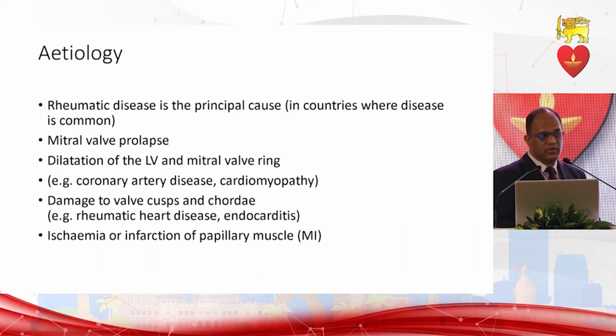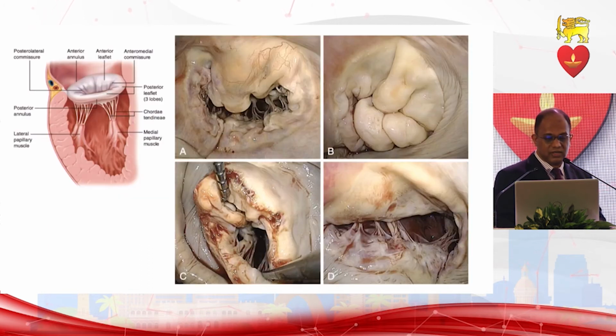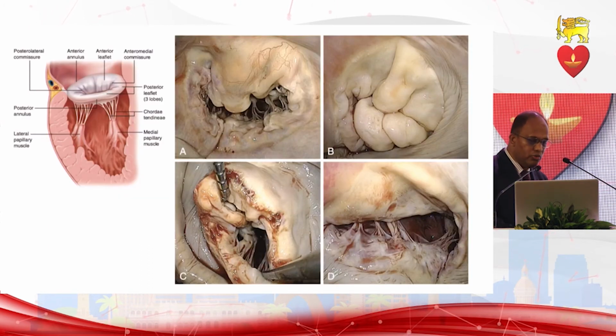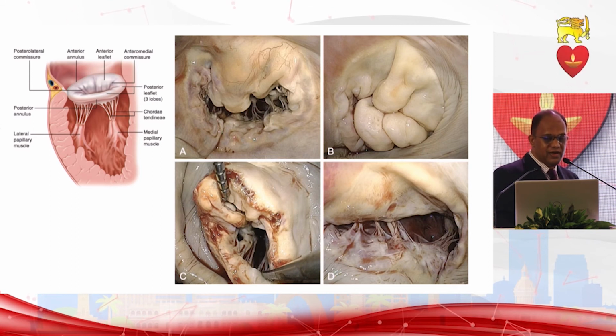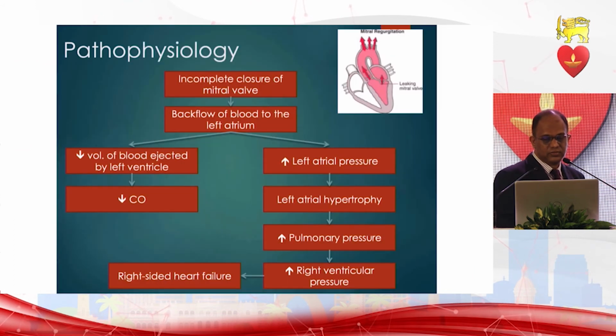In addition, it's a common thing that after myocardial infarction, especially inferior myocardial infarction, the mitral valve papillary muscles get ischemic, causing a redundant mitral valve and mitral regurgitation. This picture shows you degenerative mitral valve disease, which we call mitral valve prolapse, causing mitral regurgitation.